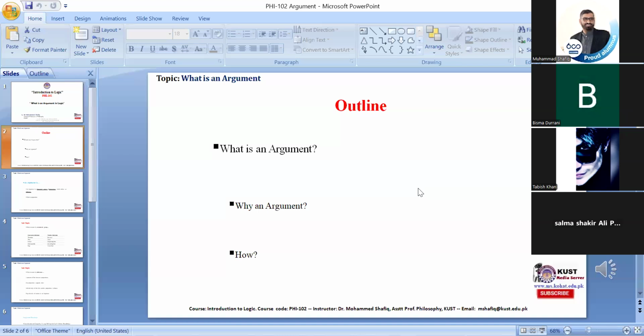If we lay bricks in a structured collection of bricks which has cement in it, then we call it a wall. Similarly, if there is a group of propositions which have structure, a structure meaning a premise and conclusion, and then it must have a link, it must have inference. The conclusion must be drawn from these premises. Whatever premises are saying, the conclusion must reflect that.